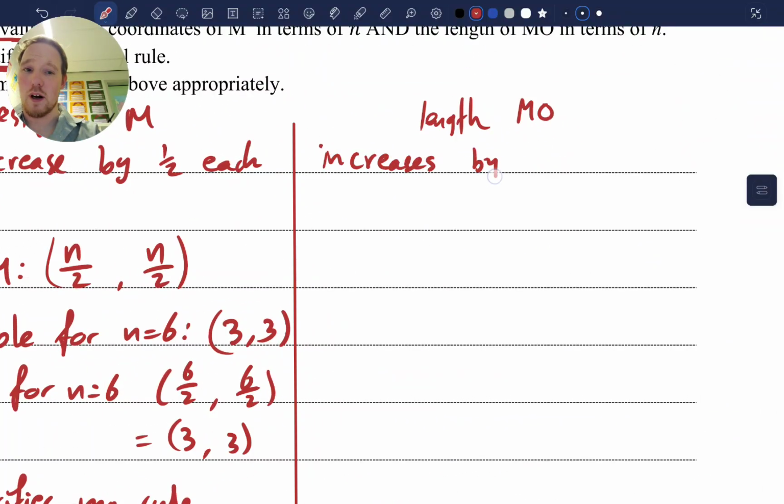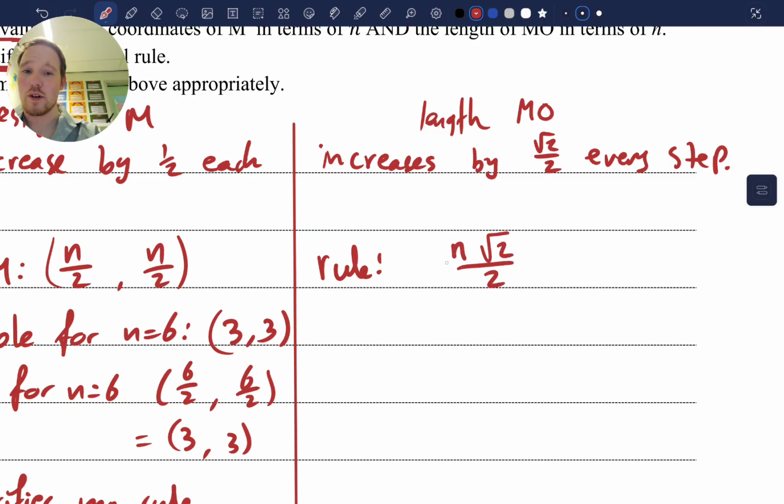What is the rule that we see? Well, we already noticed it before. It's n root 2 over 2. That's the length of MO.